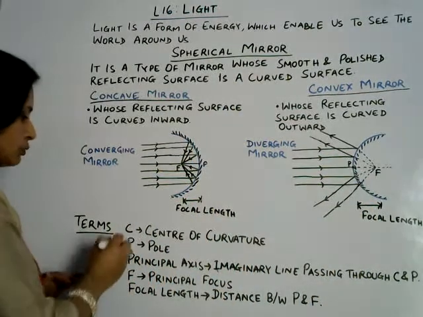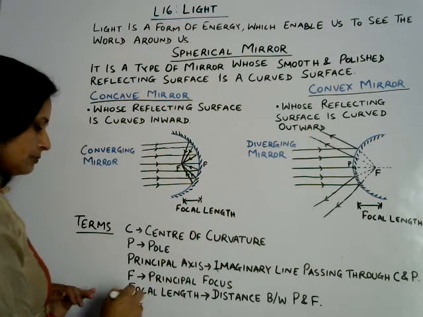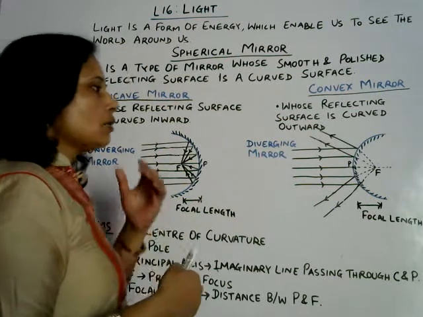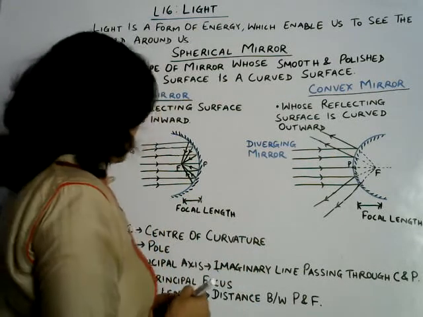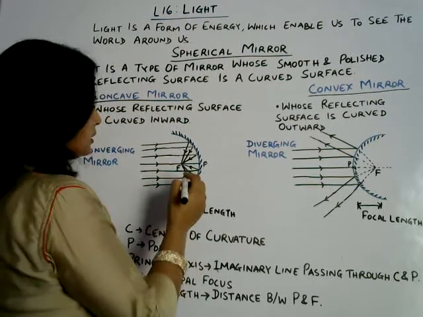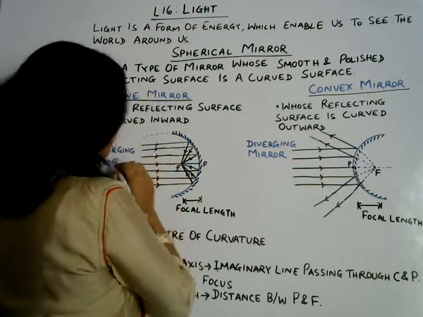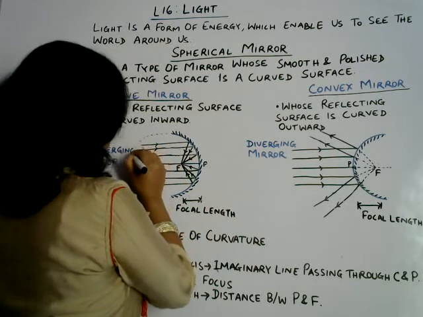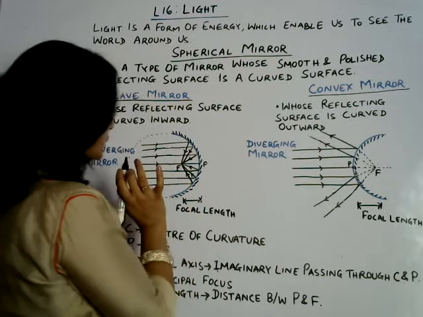So we have discussed most of the points: center of curvature, pole, principal axis, principal focus, and focal length. Now, how can we know where the center of curvature is? If we draw an imaginary circle by using this piece of mirror, then we get this kind of structure.